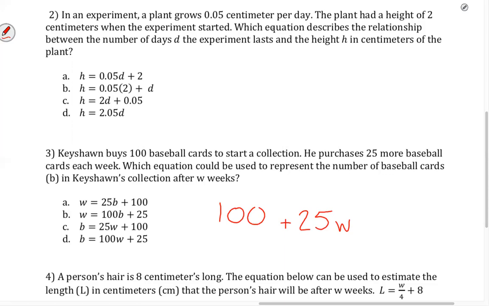What about now, Jordan? Which one do you think it is now? A, B, C, or D, Jordan?